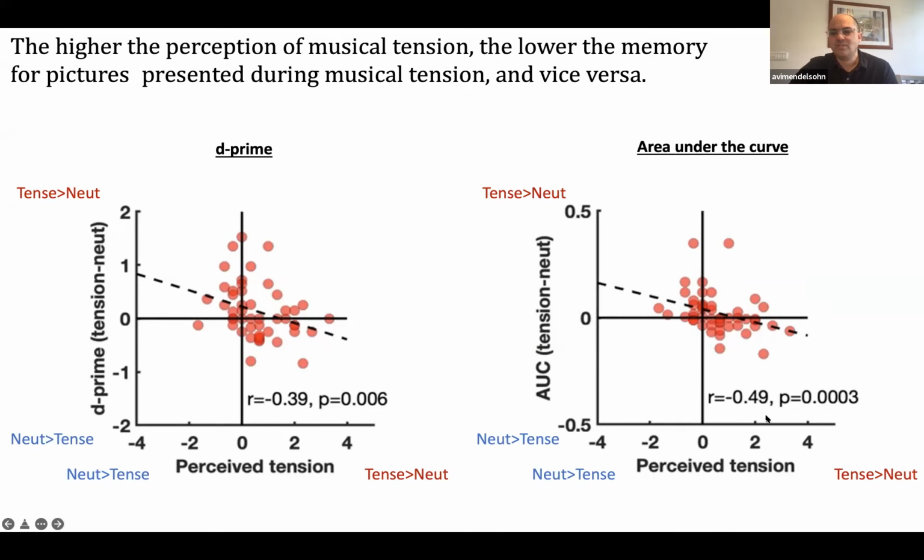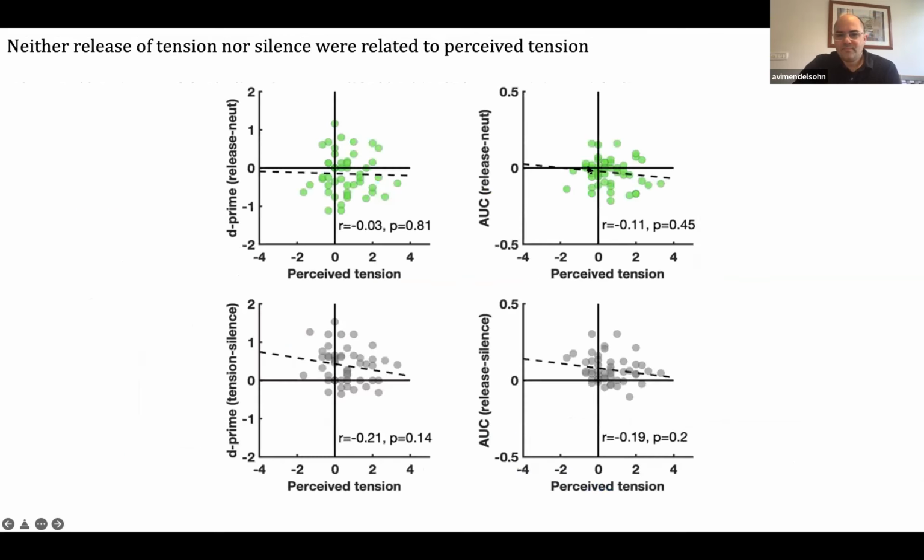People who perceived tension as such had a harder time recognizing the images that were presented during tension, whereas if they did not perceive it, then they remembered the images presented during tension better than in the neutral stage. So there's kind of a trade-off between tension perception and subsequent memory. And this is not true for other conditions, for instance, the release of tension or tension versus silence.